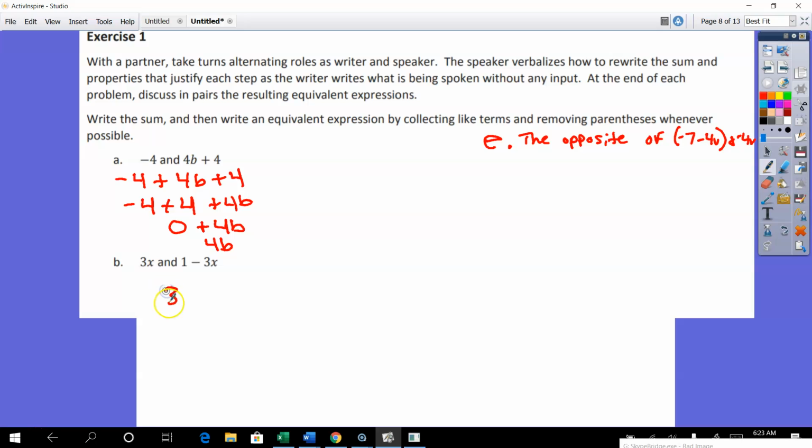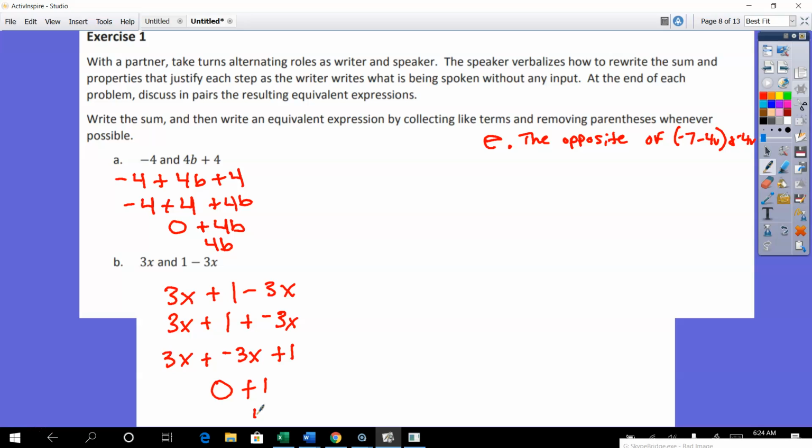And the next one, 3x plus 1 minus 3x. So you changed it and wrote an equivalent expression to change it to addition. And then that's a negative 3x. So then you had 3x plus, and you moved that negative 3x next to it, plus 1, which gave you 0 plus 1. So your answer there was 1.